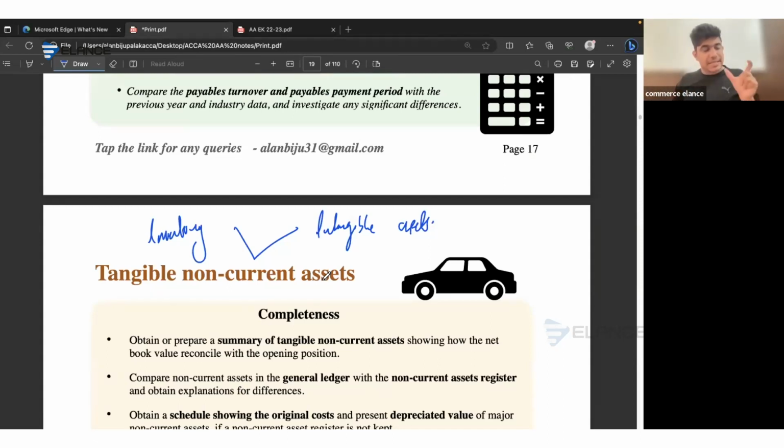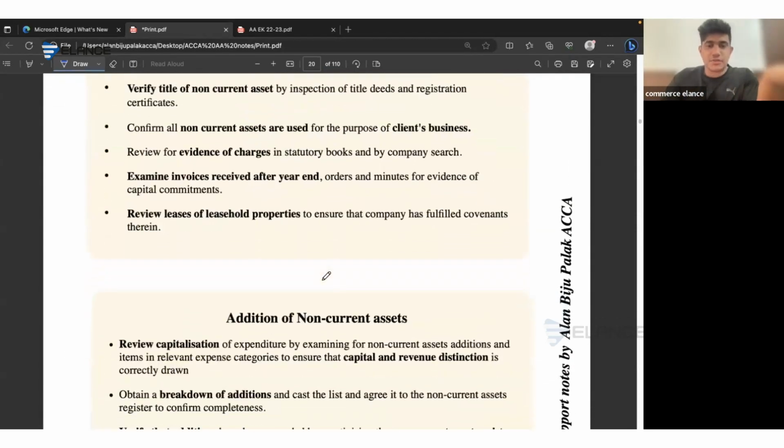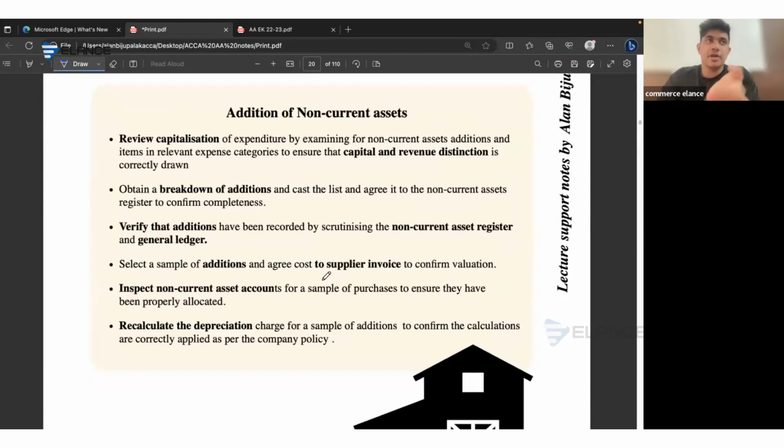When the examiner demands you to provide substantive procedures in relation to addition of assets, you have to read the scenario to understand whether it's a tangible asset or an intangible asset. If it's a tangible asset, then you have to write the addition of tangible assets related points. Or if it is in the scenario that the company has purchased a patent during the current year, in that case, it's relating to intangible asset instead of tangible assets.